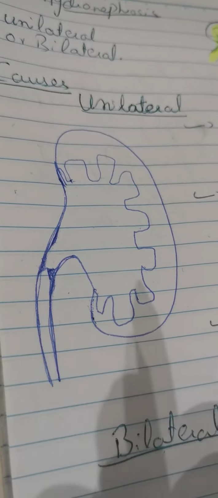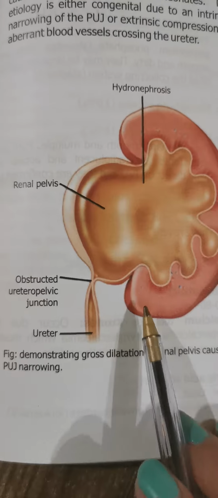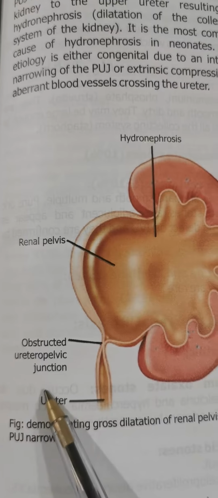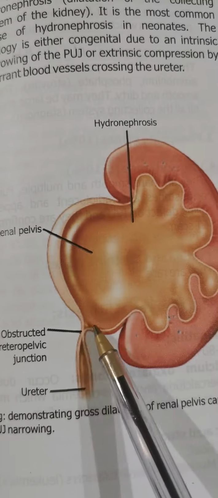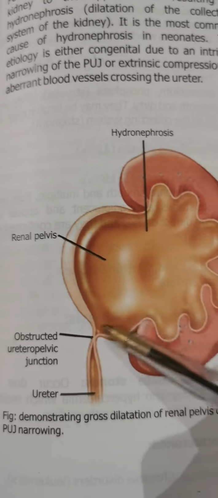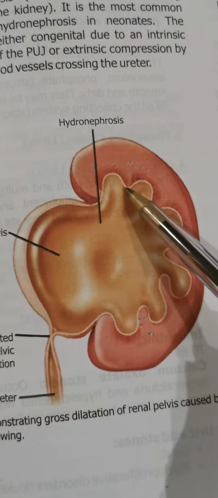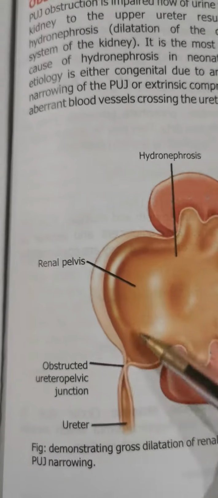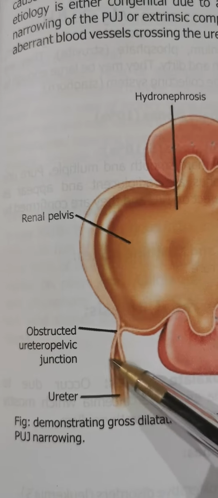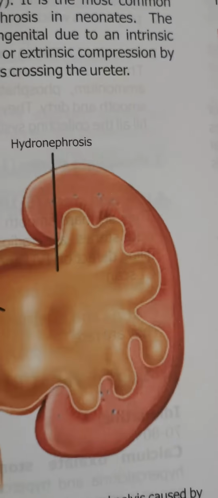And then one thing, like shown in this diagram here, is the obstructed ureteropelvic junction right here. So the pelvis is enlarged due to hydronephrosis, and the calyces are enlarged and dilated due to hydronephrosis. And the cause is the obstructed ureteropelvic junction, right?